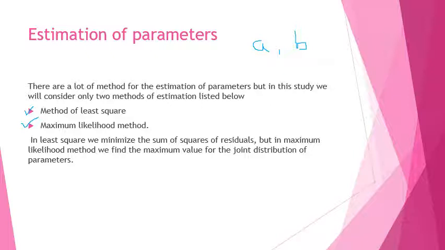Now, what is the difference between these two methods? In the least squares method, we minimize the sum of squares of residuals, but in the maximum likelihood method, we find the maximum value of the joint distribution of parameters, or any function of parameters, which is explained in the next slide.